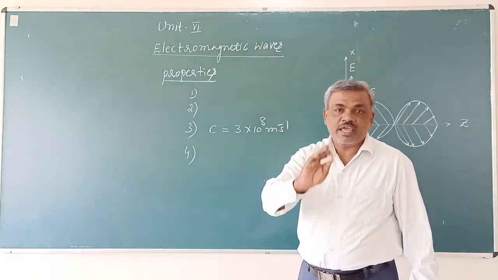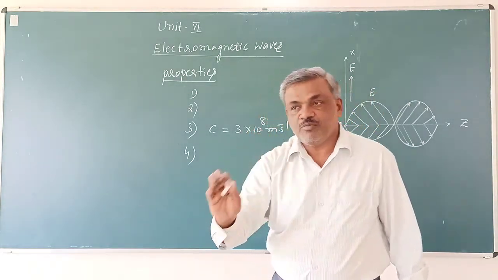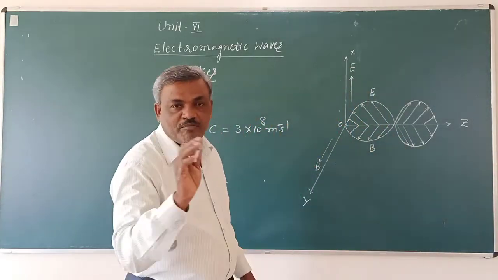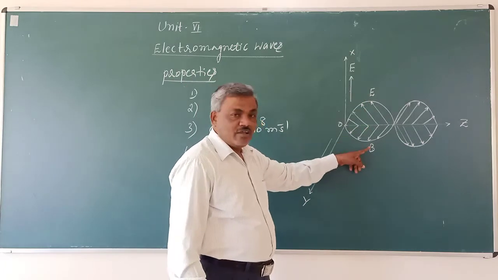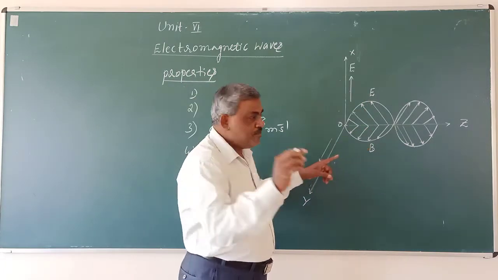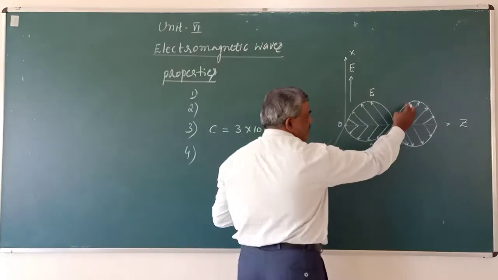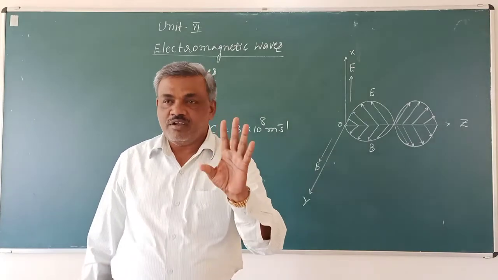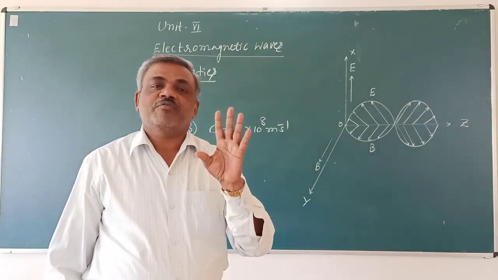Fourth, electromagnetic waves carry energy and momentum from one place to another. And one more important property: the electric and magnetic fields vibrate or oscillate in the same phase along the direction of propagation of the wave.